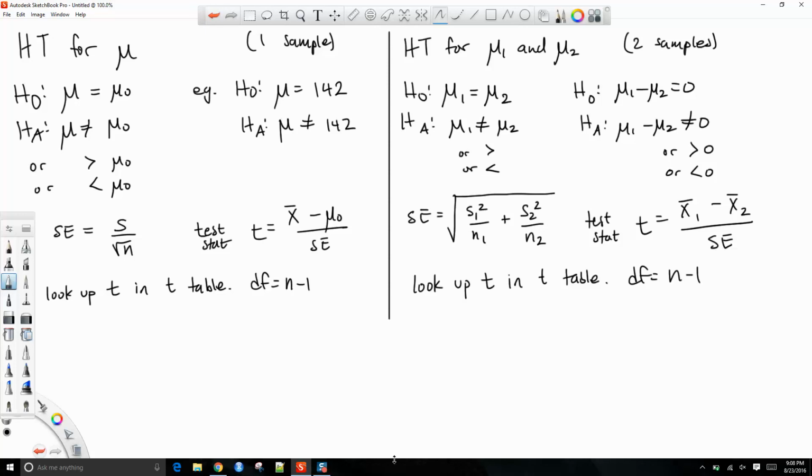Okay, and then the way you do it is, find the columns that t is between, or to the left of, or to the right of, and look at the column headings to get your tail area.